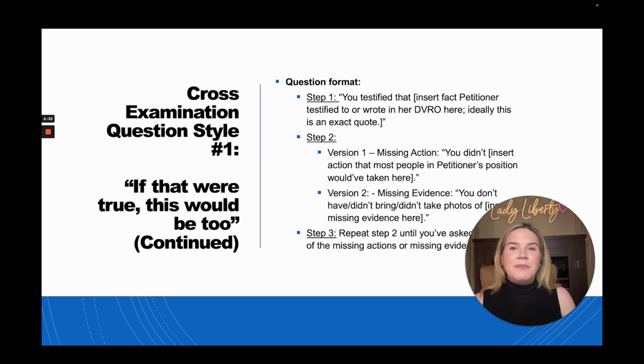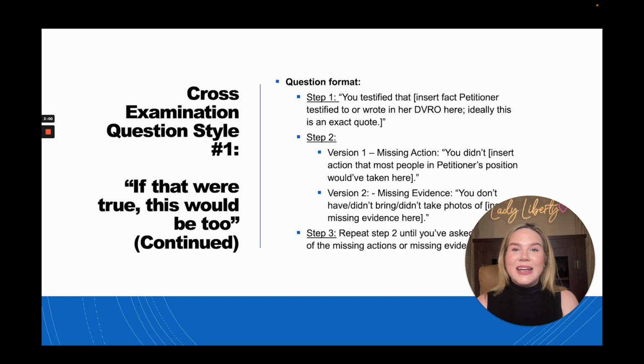So step 1 is you testify that, and what you're going to do there is insert the fact that the petitioner testified to or wrote in her DVRO, ideally an exact quote. Where you get this, as the respondent, as the person served with this restraining order, you might feel like you have a lot of disadvantages. You didn't get a chance to say anything. You were served with this document. It sucks. You probably had to move out of your house if you lived together.